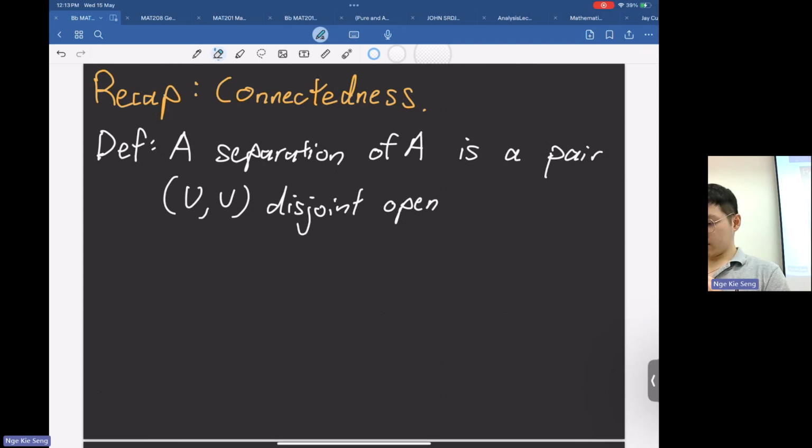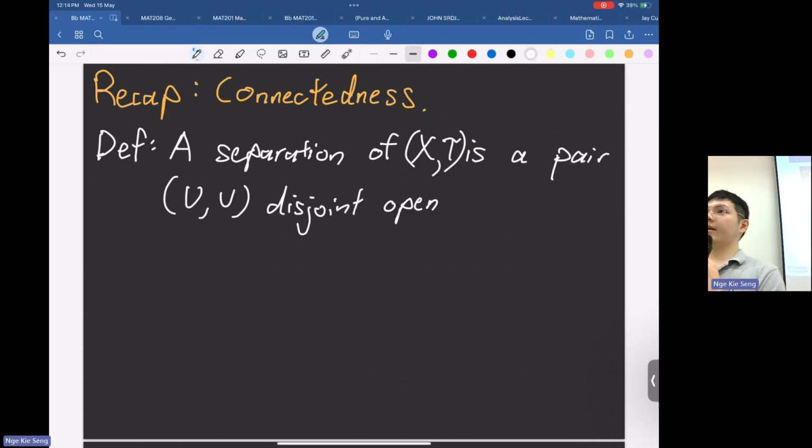The separation of, let's say, a topological space, because we need to talk about open sets, so I need to tell you which sets are open. That's why I need to put a topology here. So a separation of a topological space is a pair U, V such that they are disjoint, open, and non-empty.